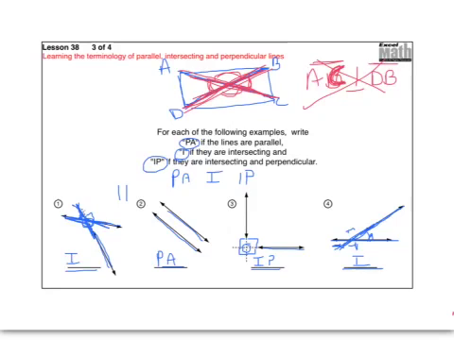The segments that are perpendicular are any of these pairs that touch each other, the adjoining sides. So this side and this side are perpendicular. So you can write like AB is perpendicular to BC, and that would be correct. Or this one here, BC, is perpendicular to the one down here. See, because it forms a right angle down there.